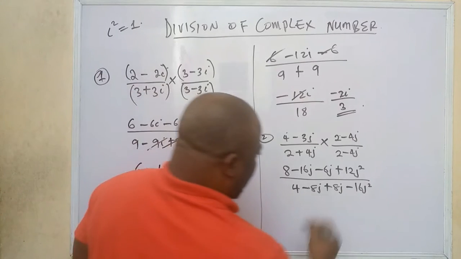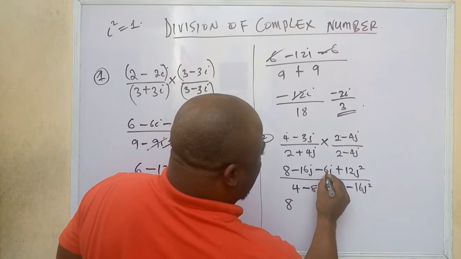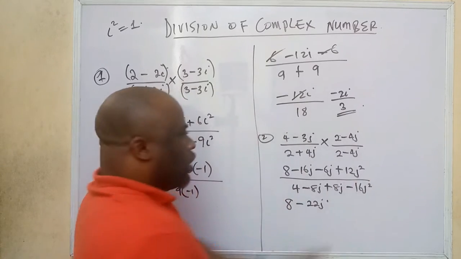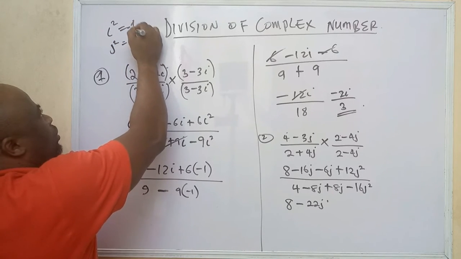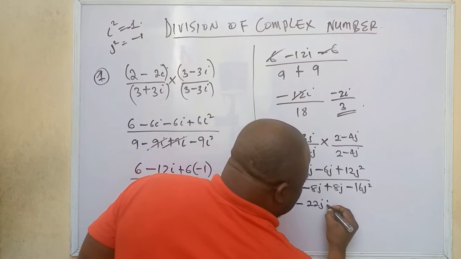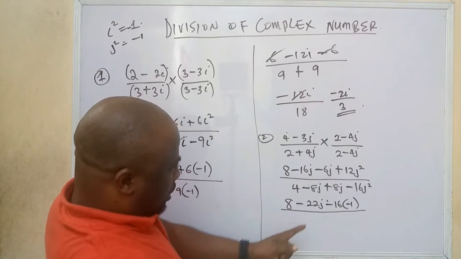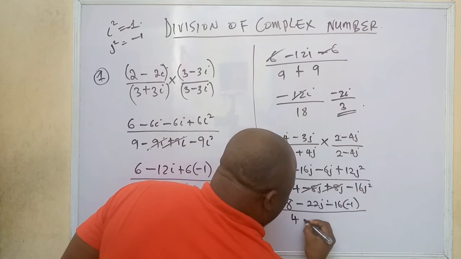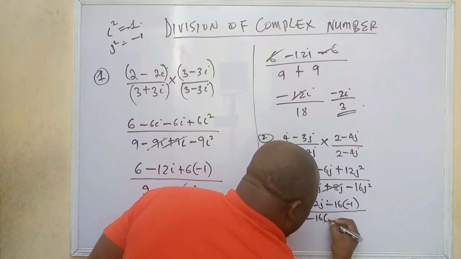Okay, so we move. Here you have 8, minus 16j minus 6j, that is minus 22j. Then you know your j squared is minus 1. So you multiply 12 j squared, and in the denominator, minus 16 j squared into minus 1. The minus 8j and plus 8j cancel.